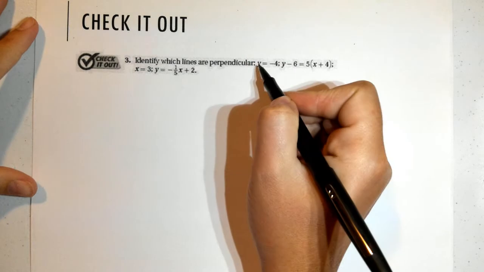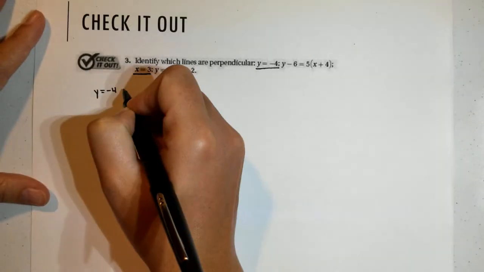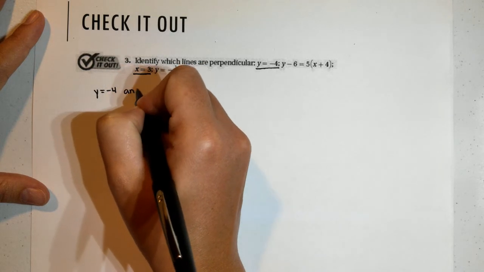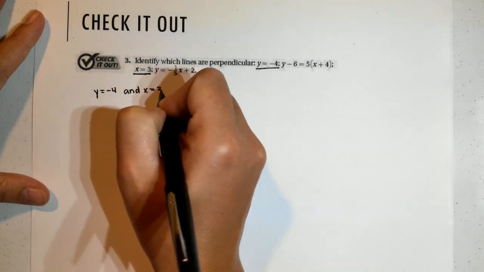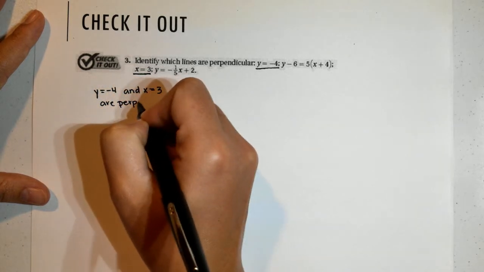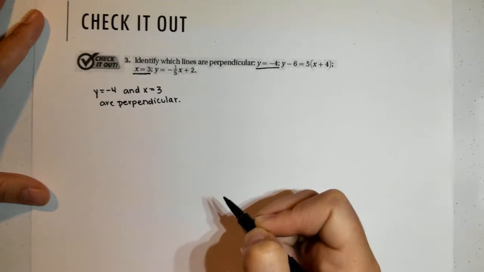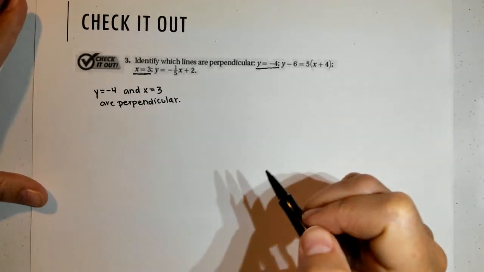So right off the bat, you should see y equals negative 4 and x equals 3. One's a horizontal line, one's a vertical line, so they are perpendicular. So y equals negative 4 and x equals 3 are perpendicular. My other two lines, I need to find their slopes.